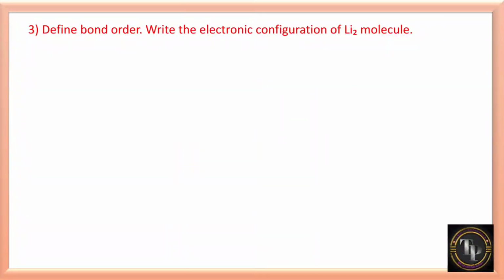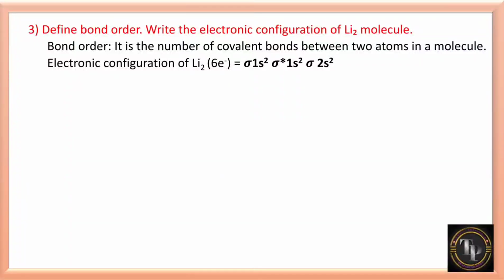Define bond order. Write the electronic configuration of Li2 molecule. Bond order is nothing but the number of covalent bonds between two atoms in a molecule.